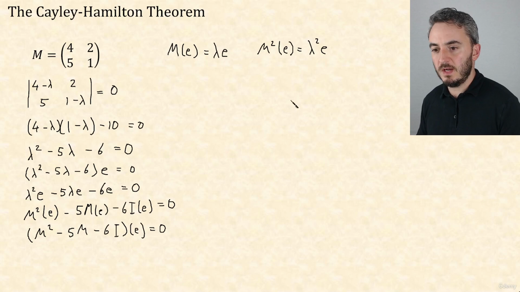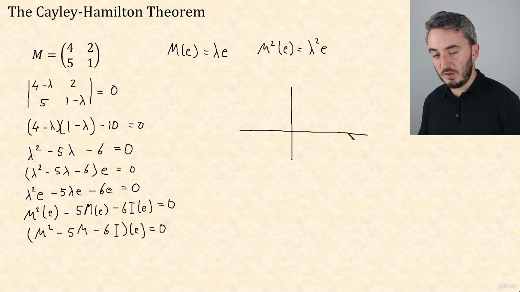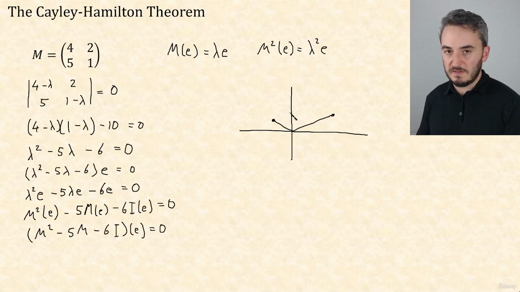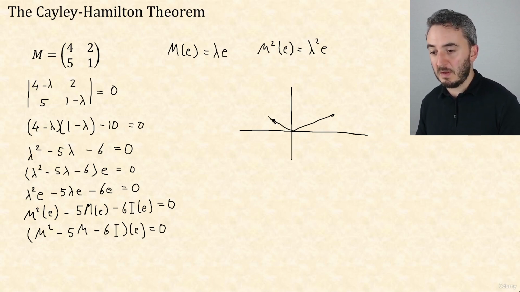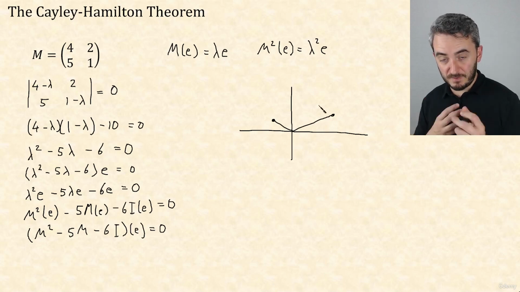Now, I don't even know what the eigenvectors of that matrix are, but the point is they're two independent vectors, meaning maybe one of them is like that and another one is like that. They're probably not there, but the point is they're two vectors pointing in different directions. Now, if this matrix crushes this one back to 0 and this one back to 0, it must crush everything back to 0.